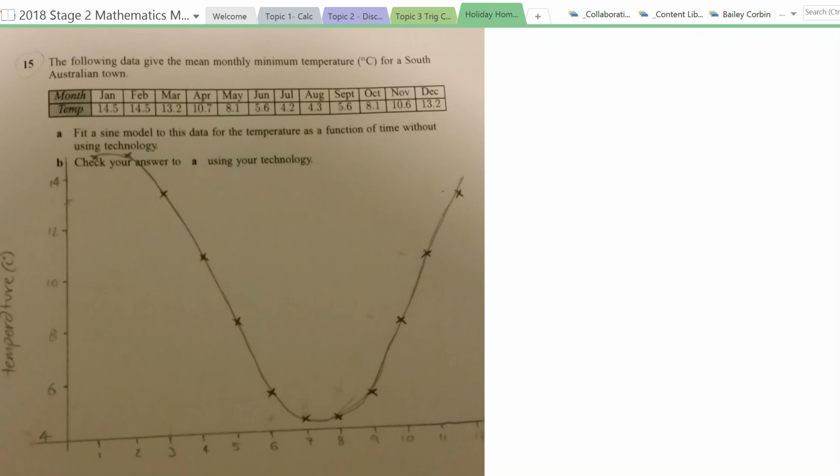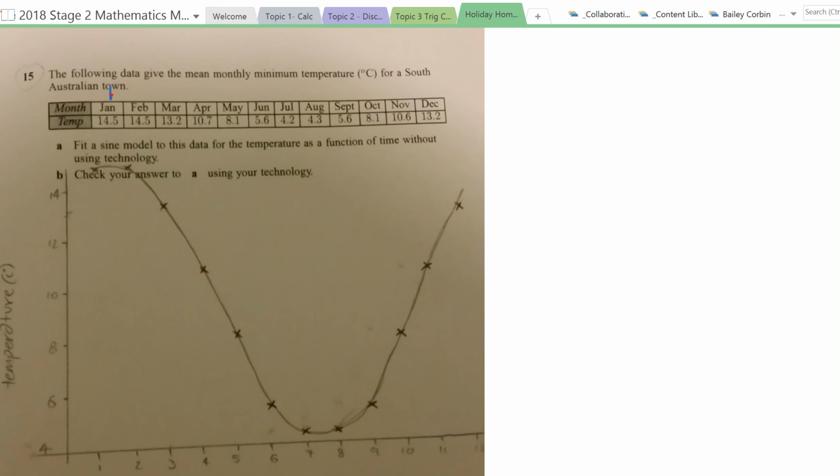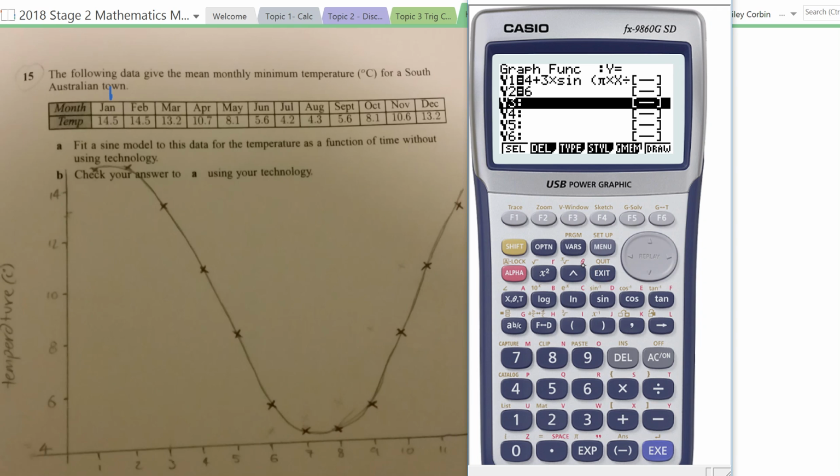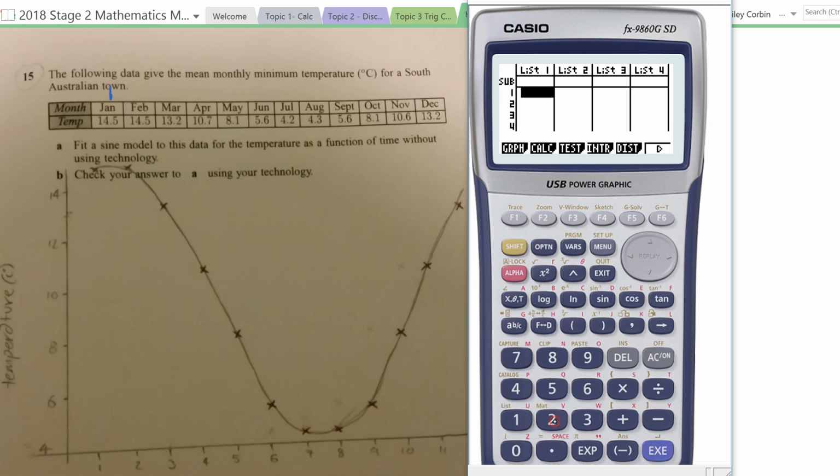The other way to do it is to let January equal 1, like you've done on the axes, and enter that into your calculator in statistics mode. In list 2, down here, you go 1, 2, 3.